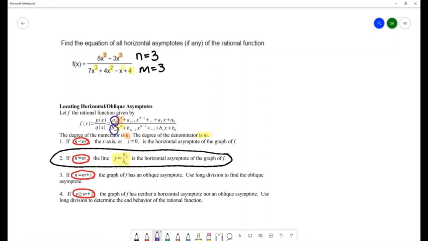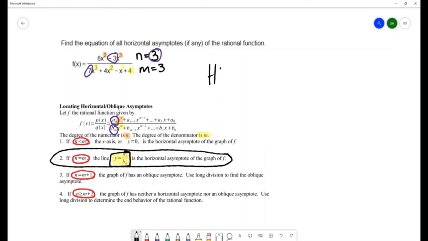So we want to use the coefficient of -3, which is attached to that highest degree term of 3, and 7, which is attached to the highest degree term from the denominator. We call those the leading coefficients. So the horizontal asymptote is going to be the ratio of those two numbers.